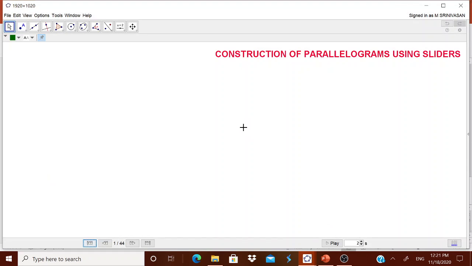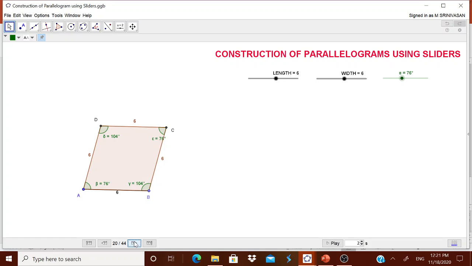We are going to construct a parallelogram using a slider. For example, I have constructed a parallelogram. Now you remember the length, width and angle are under your control now.